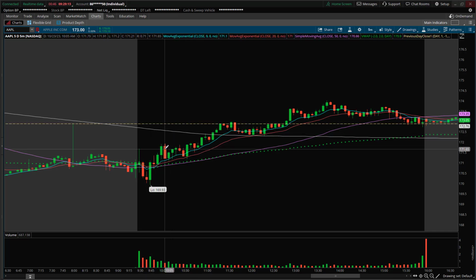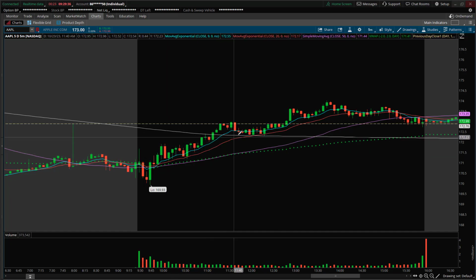Now you have a red to green move, when price goes green. So you see as price is starting to broach it, it's getting nearer to that 200 SMA right over here. And you see price is kind of touching it, comes back down, and then it goes red to green. But you see how this separation, how the moving average lines are kind of wide like this, that's really bullish momentum.